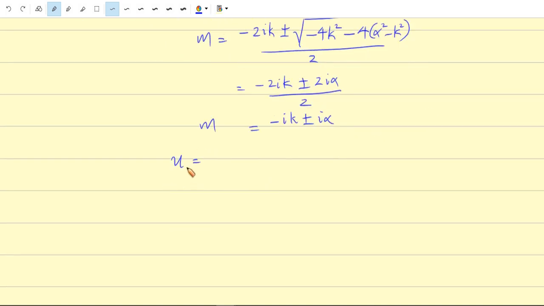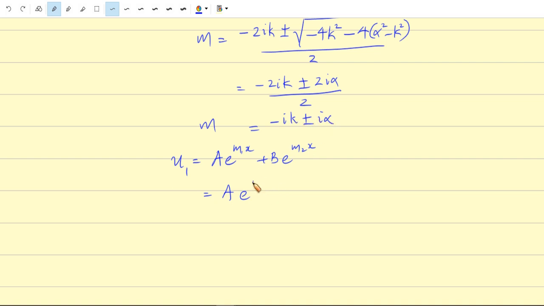Therefore u1 is equal to 0, because in region 1, u1 is equal to a e raised to m1 x plus b e raised to m2 x. This is equal to a e raised to the first solution, minus ik plus i alpha.